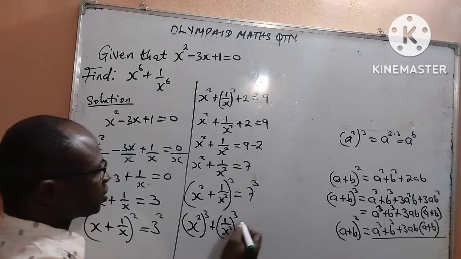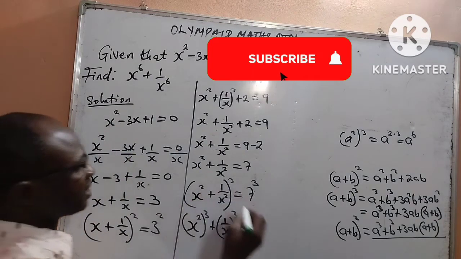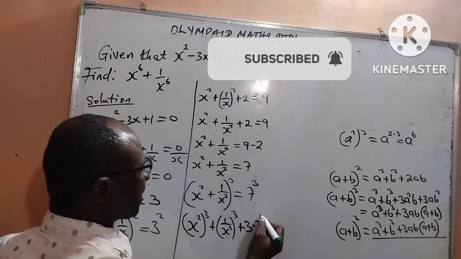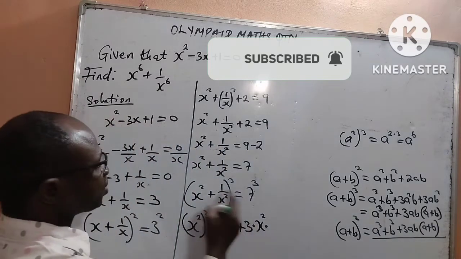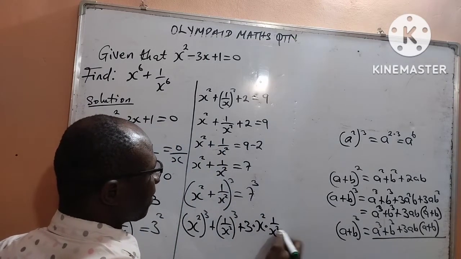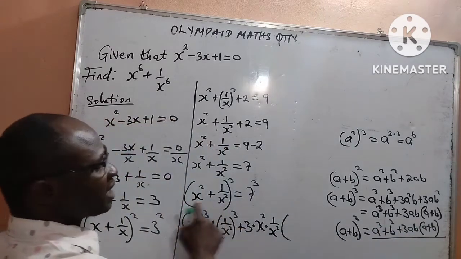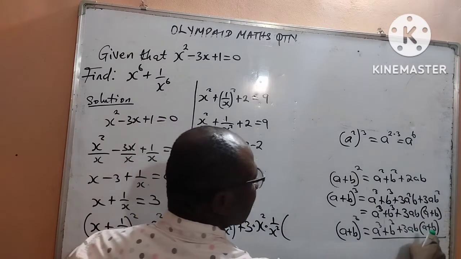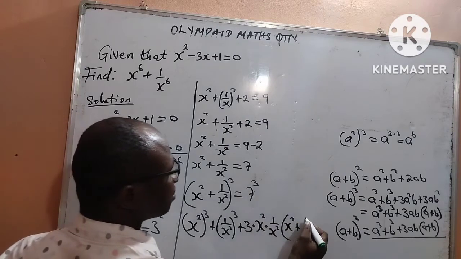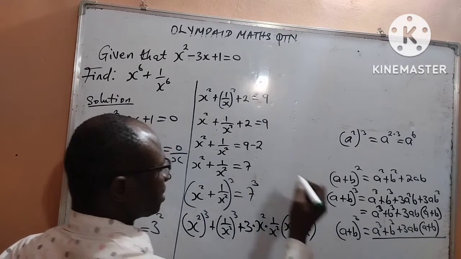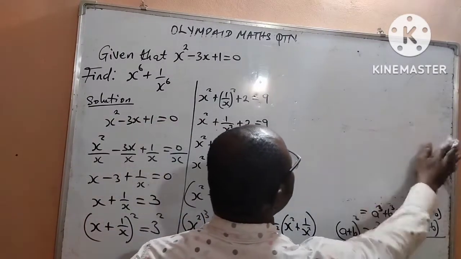So this is now plus 3 multiplied by the first term, x^2, then also multiplied by the second term, which is 1/x^2. Then inside the bracket I have the first term plus the second term, so x^2 plus 1/x^2. Very good, and straight to the point. Therefore, I have expanded that.